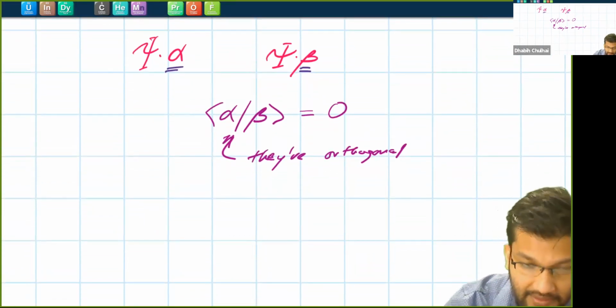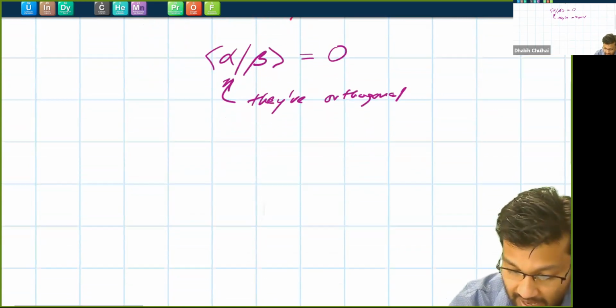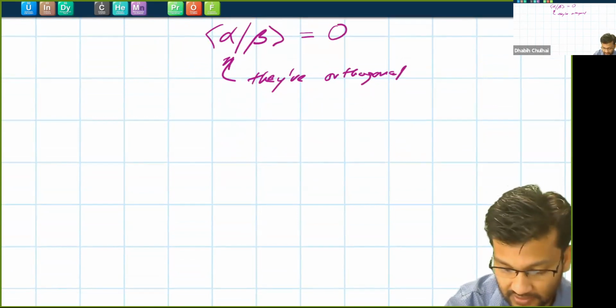All right. Then we tried to put this together for a helium atom, and we learned that the wave function must be antisymmetric with exchange of fermions, or electrons. This is the Pauli principle.